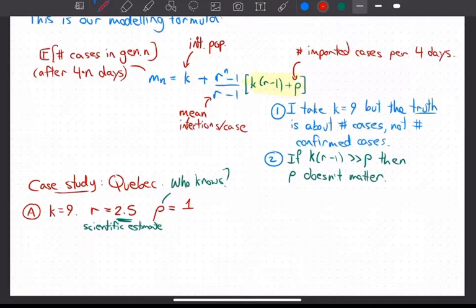We'll see that changing rho really doesn't end up being the major player in terms of what comes out of this calculation. Okay, so now let's look at, right, this is the initial population, and so let's start by looking at n is 5. What does n is 5 mean? That's 5 times 4 days.